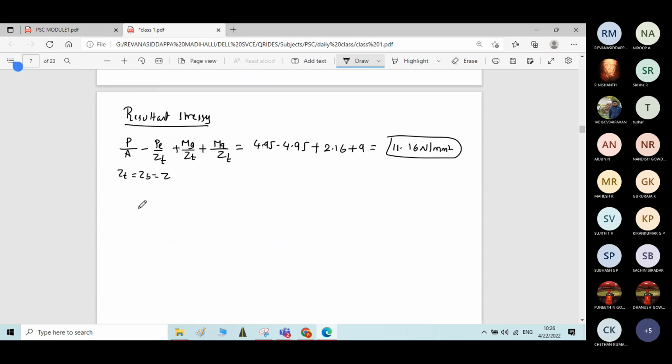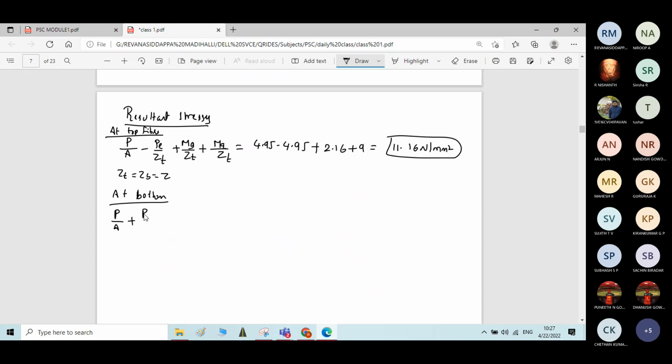Similarly, at the bottom fiber, the signs will vary except for the first term. For P by A, it will be positive only.